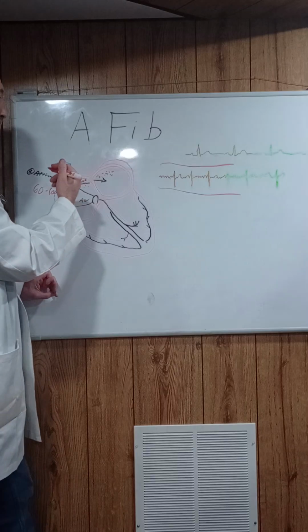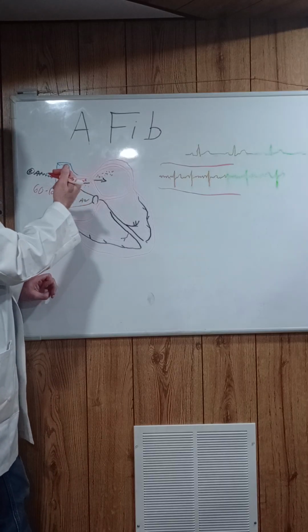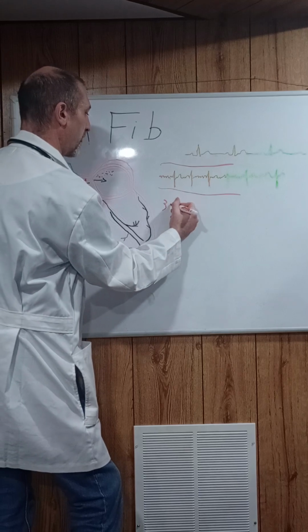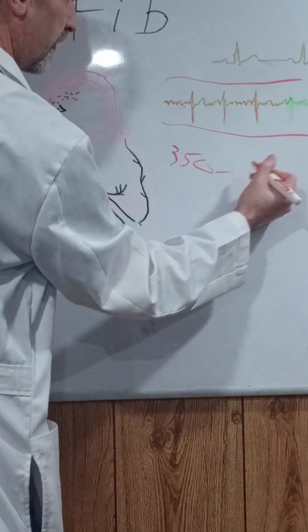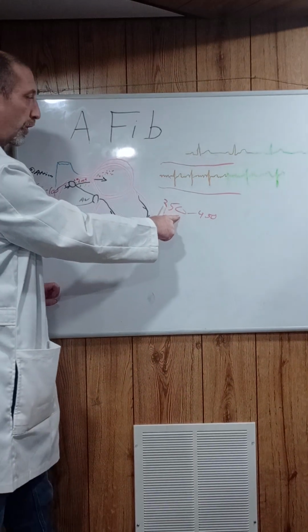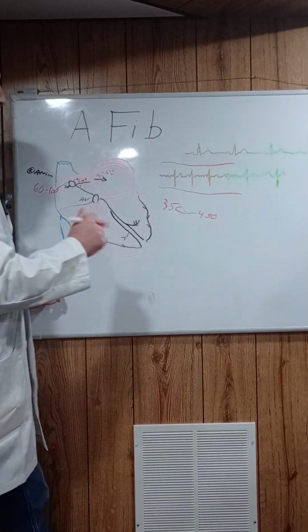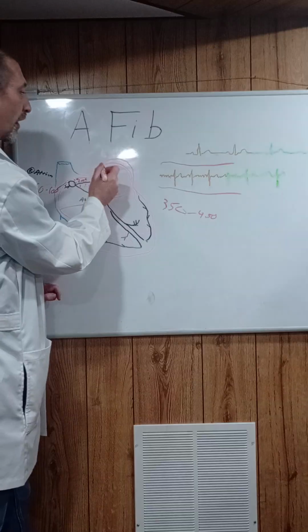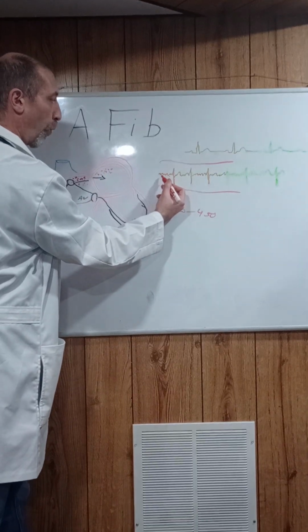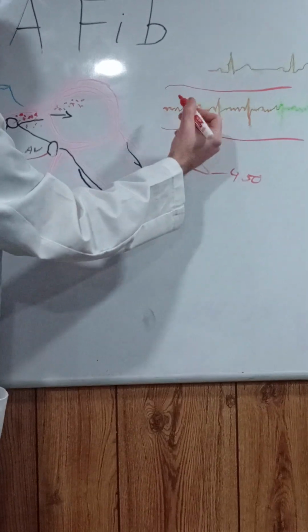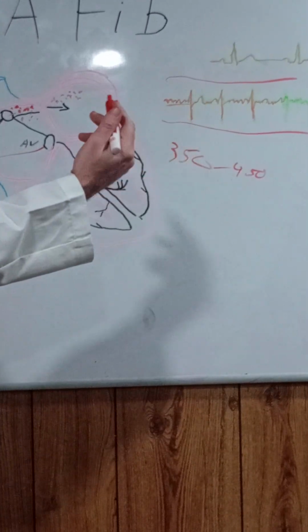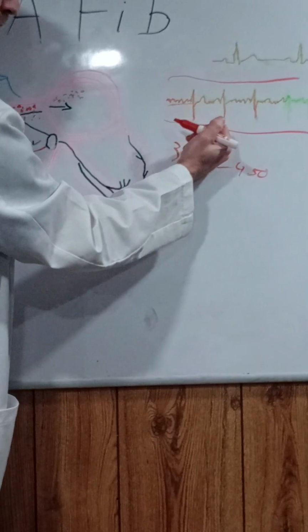That's why when people are in uncontrolled atrial fibrillation, you see numbers that's probably going to be 350 to 450, possibly higher beats per minute. This little chaotic activity is causing this. These are called wavelets.